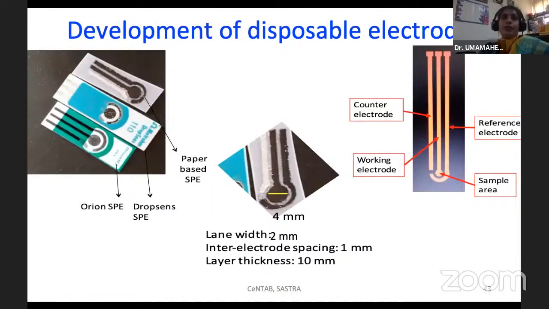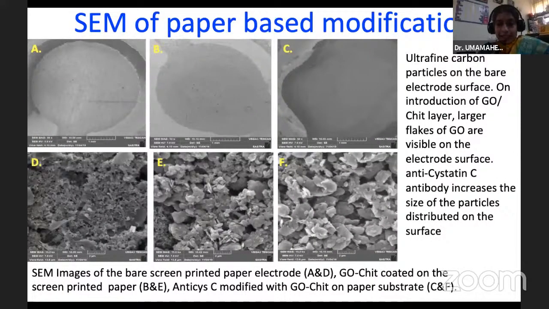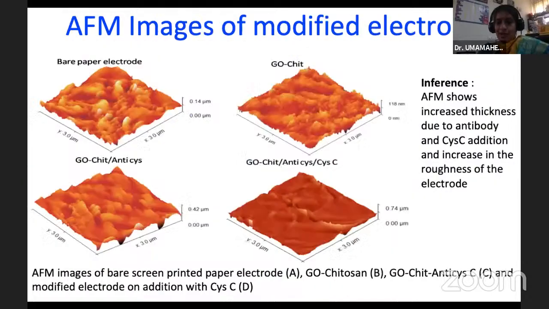Now, if we have to do a screening of population, we wanted to have it on a more portable platform. So we made our homemade paper electrodes, which can be easily disposed of. And we studied its characteristics post immobilization of the antibody using SEM and AFM.